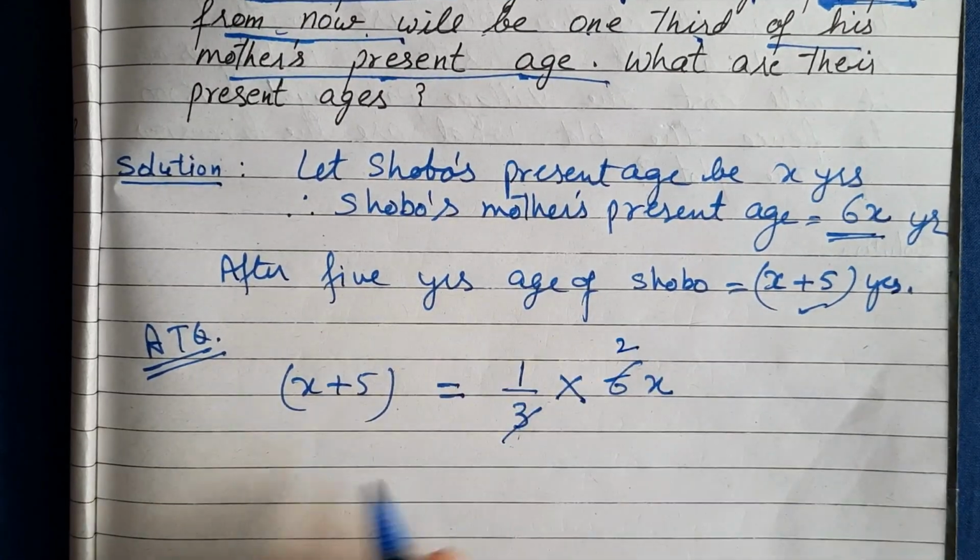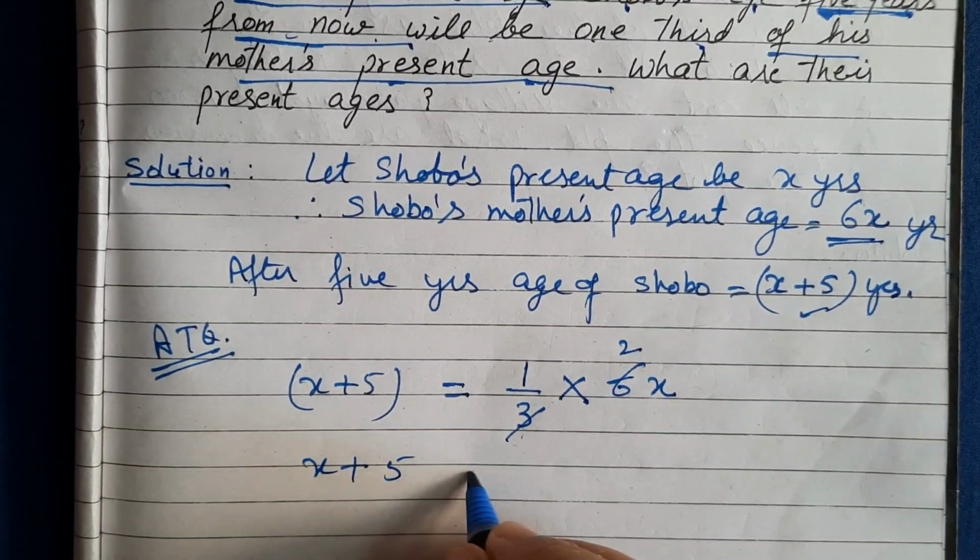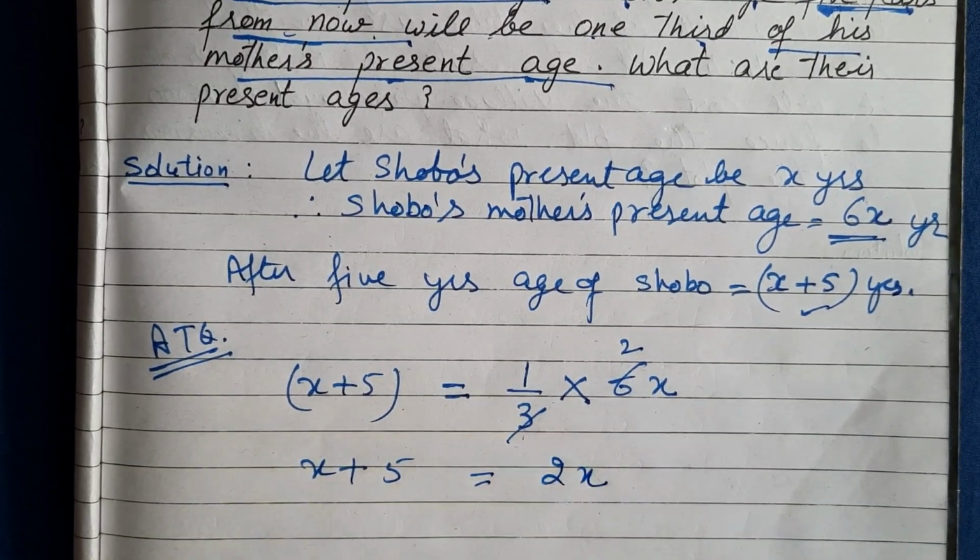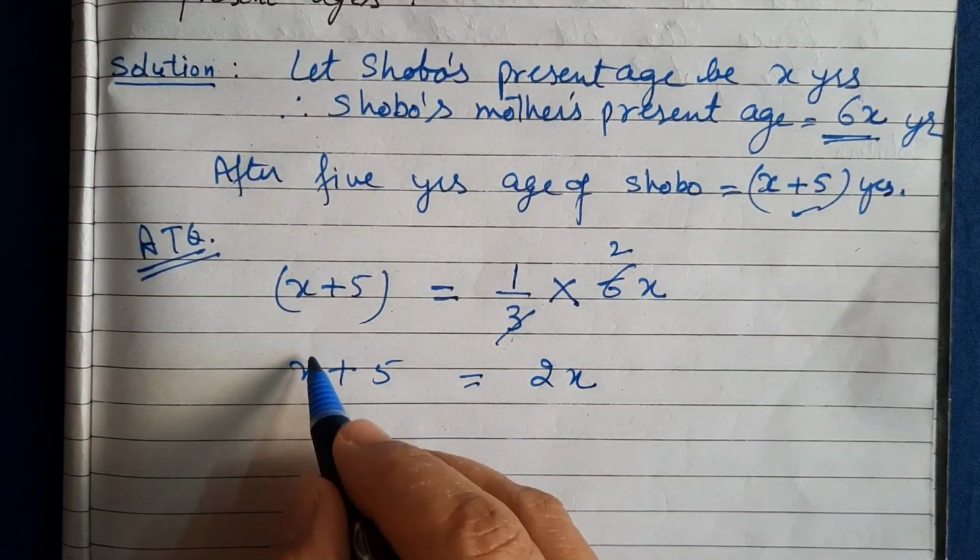Reduce this, 3 2s are 6. x plus 5 equals 2x. Transpose the term.